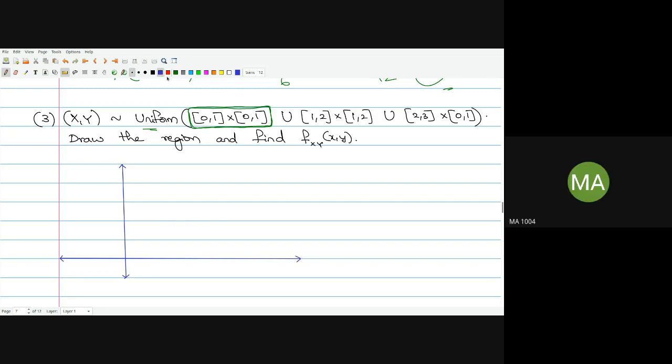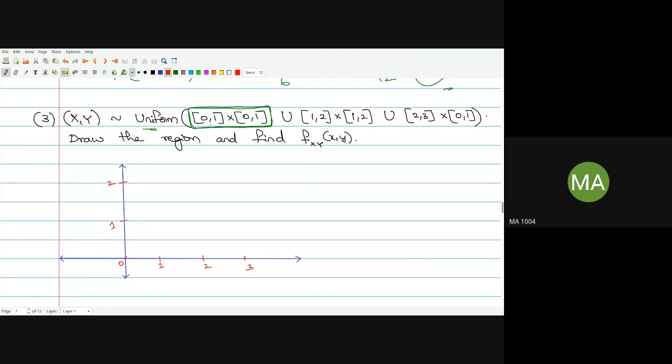Now I will write. 0, 1, 2, 3, and let's say 1 and 2. Just forget about the scaling. Let's take it like this.